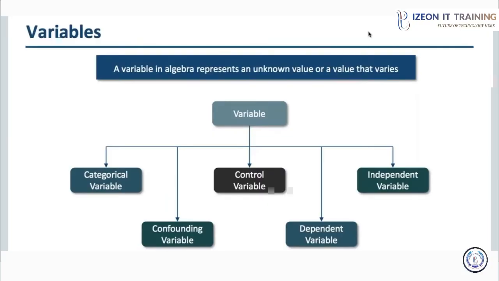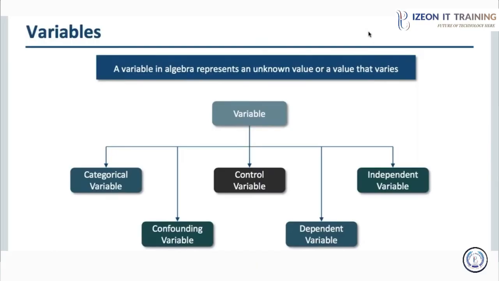Then we have another variable called the control variable. A control variable is a variable which is meant to be kept constant. Why? Most experiments and research are done in a controlled or regulated environment, because the figures or research analysis proposed at the end shouldn't vary based on external effects or quantities.